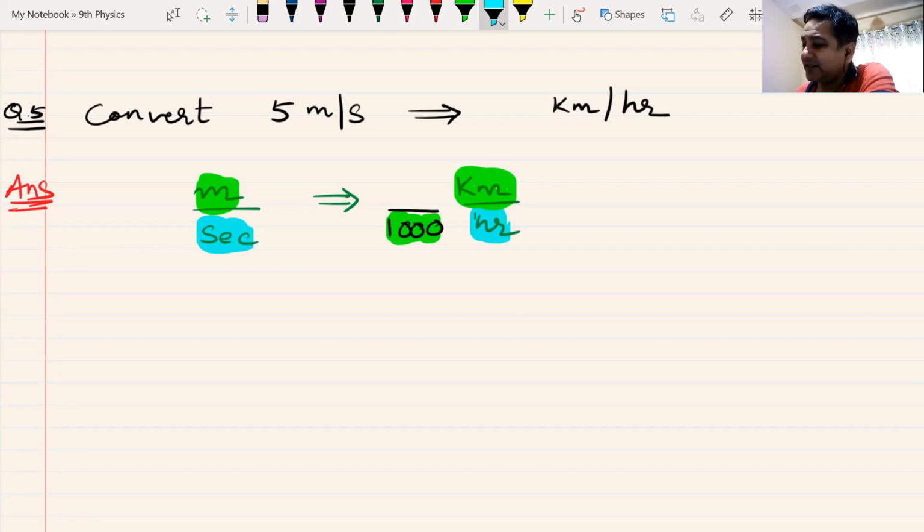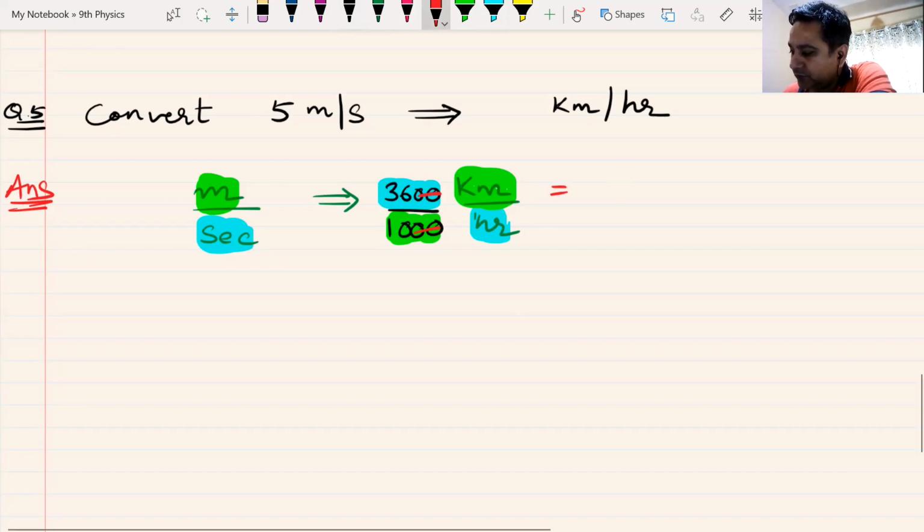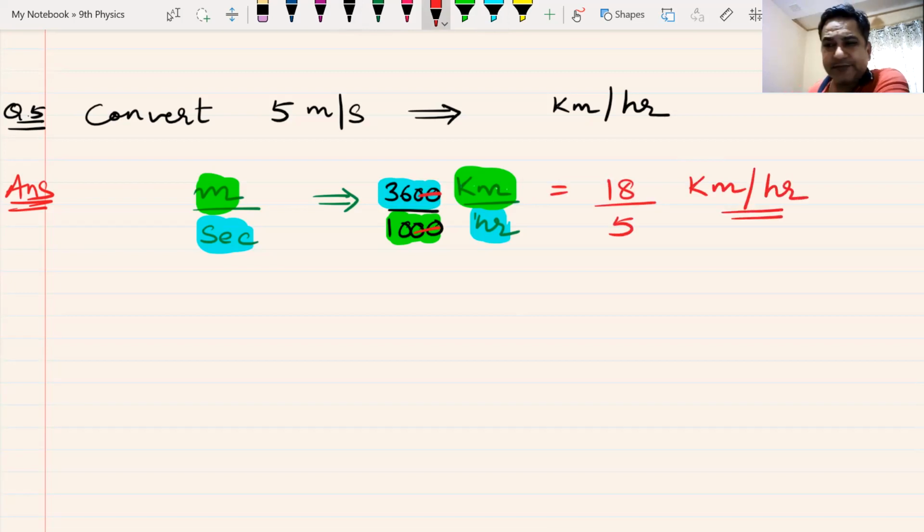So basically this 3,600 comes in the numerator. I can cut these things up and I am there with an answer: 18 by 5 kilometer per hour. You can remember this.